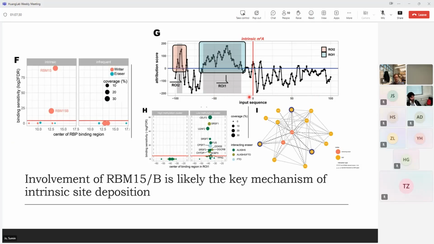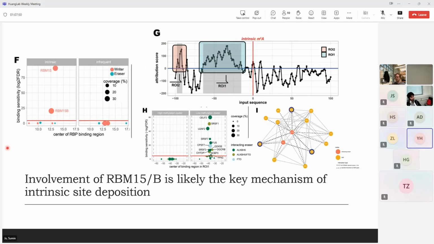Am I right? Trying to classify between intrinsic M6A versus infrequent M6A. I believe this attribution score is intrinsic versus infrequent, not the background. I know, that's what I was saying. Yeah, intrinsic versus infrequent M6A sites, right?